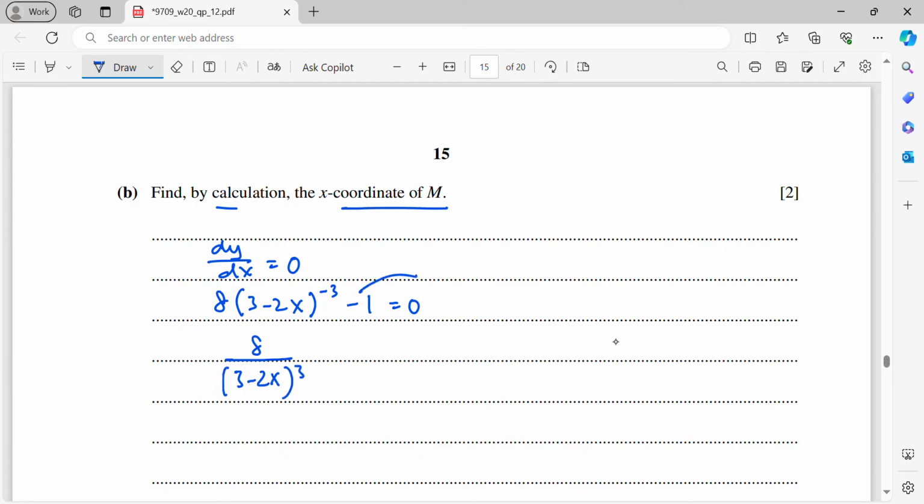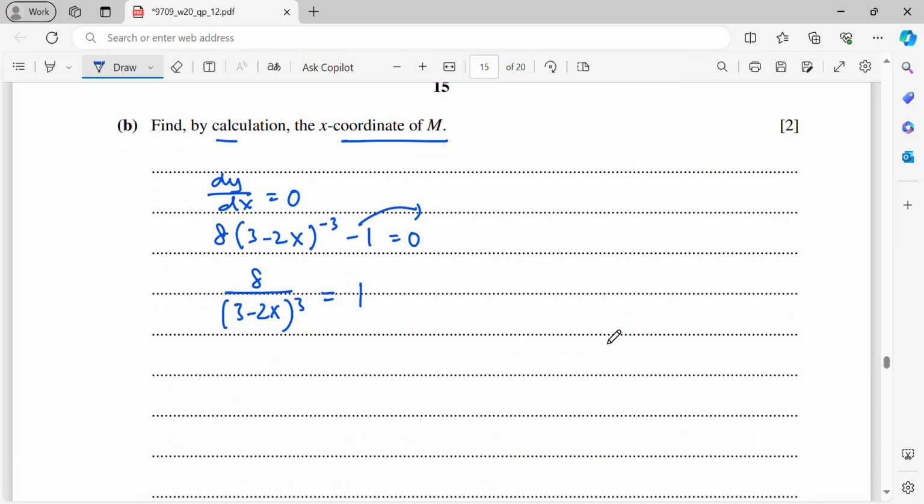Then the minus 1 I will move to the other side, equals positive 1. And now you need to find the x. So very simple, just move up the whole denominator. So which means I will be getting (3 minus 2x) cubed equals 8.